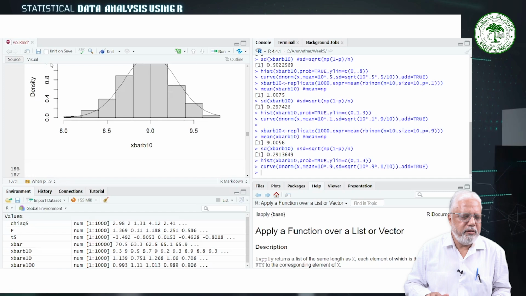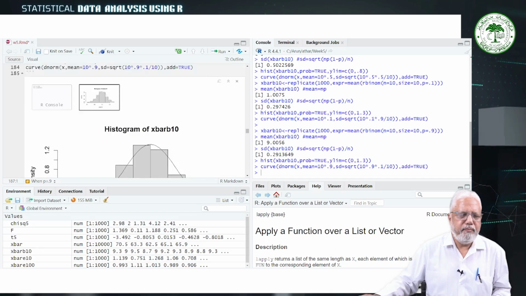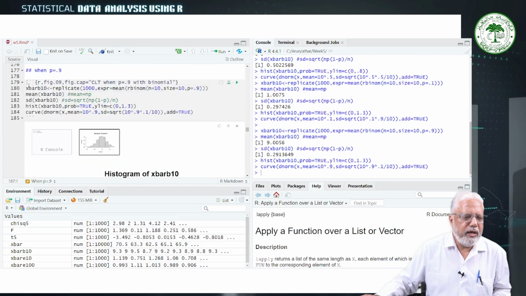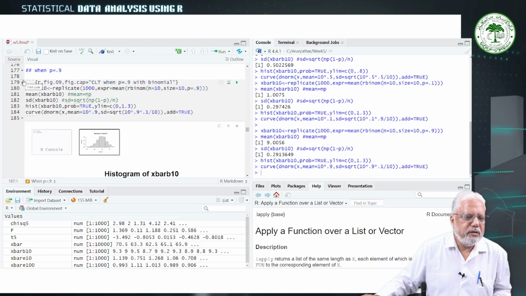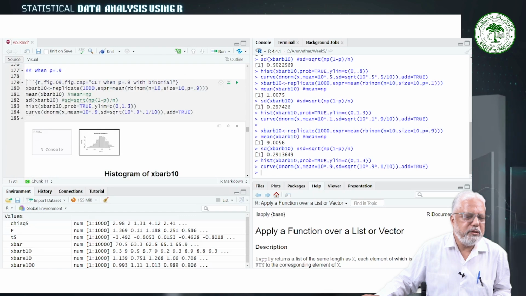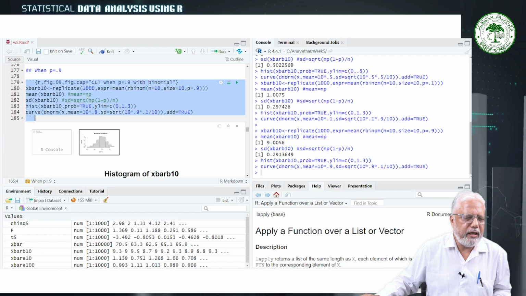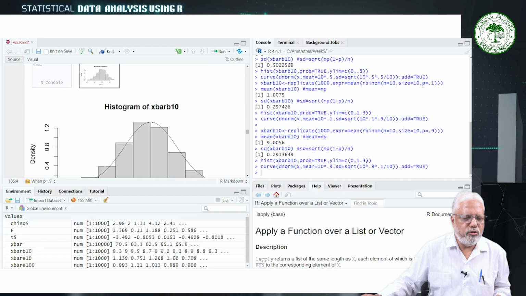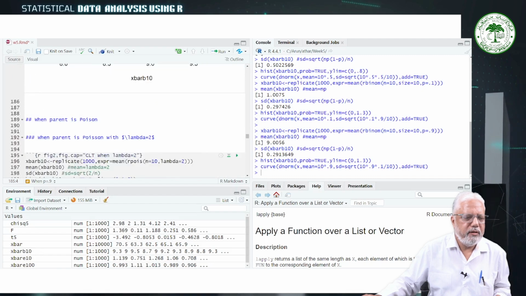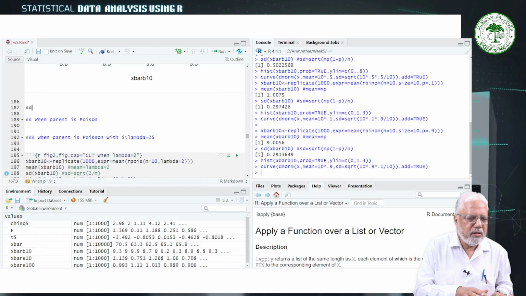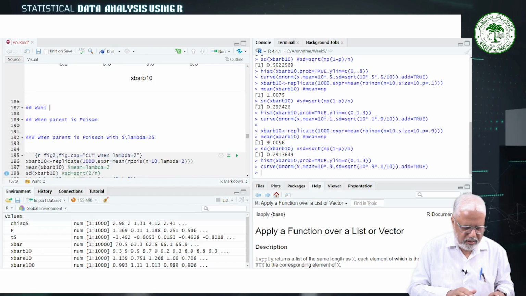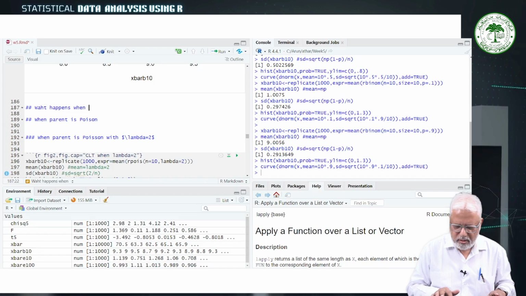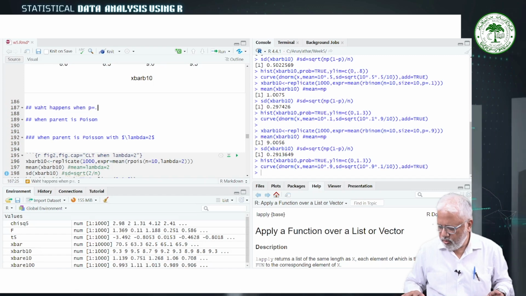Say for example, if we have p equal to 0.01, see what happens.